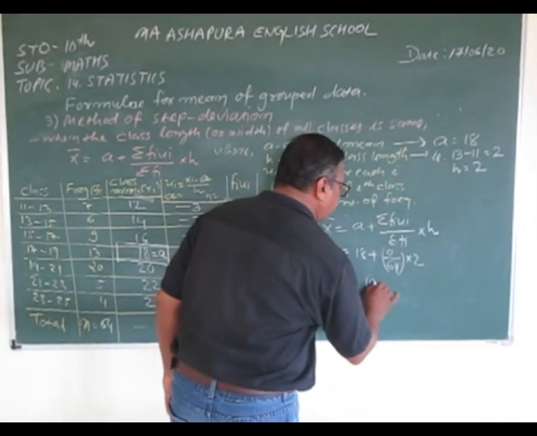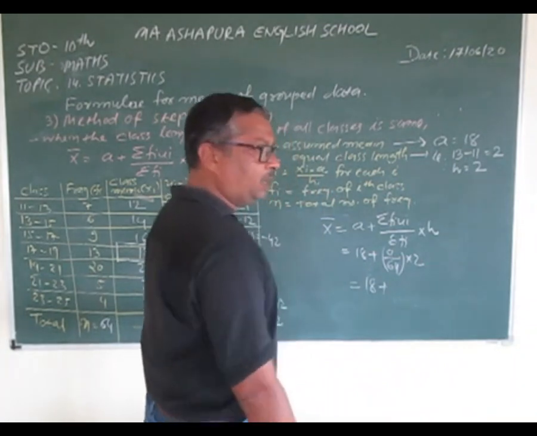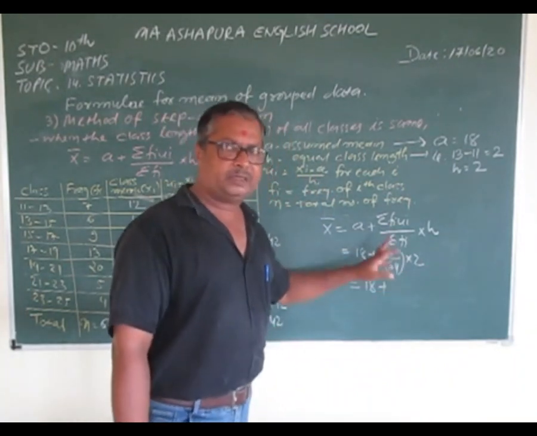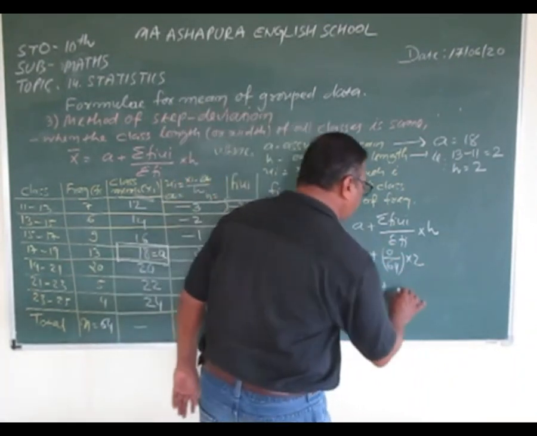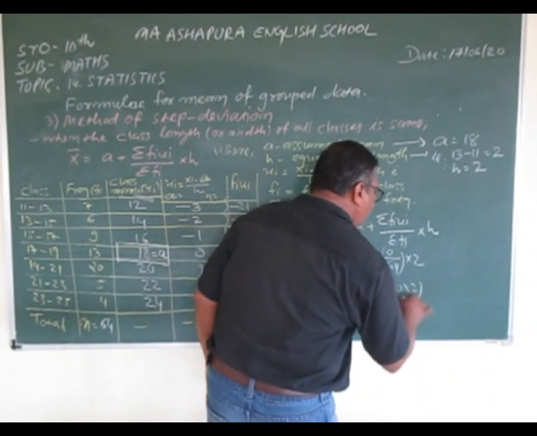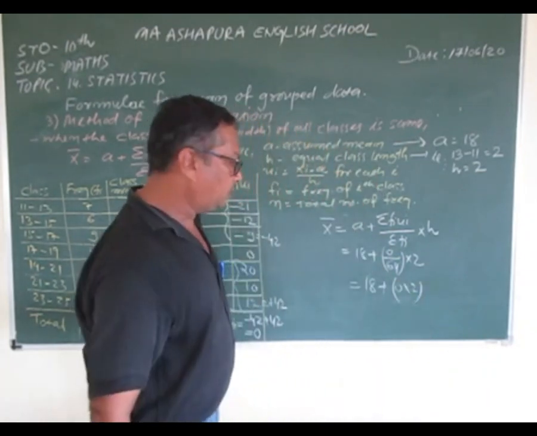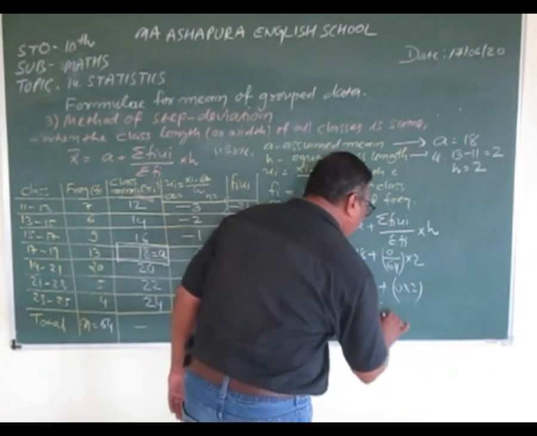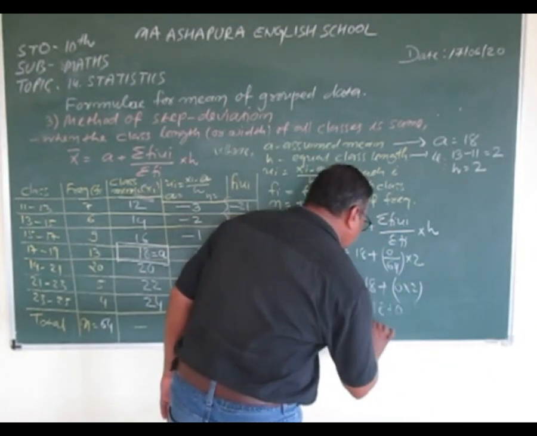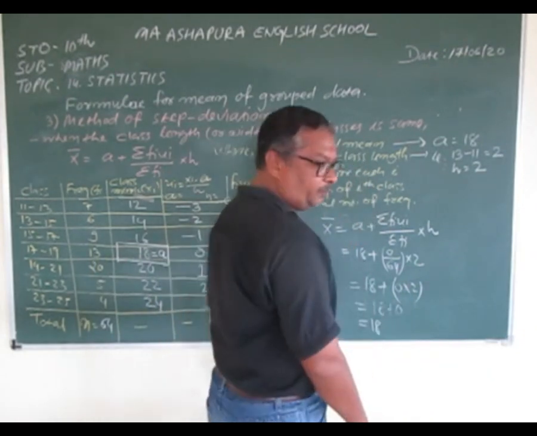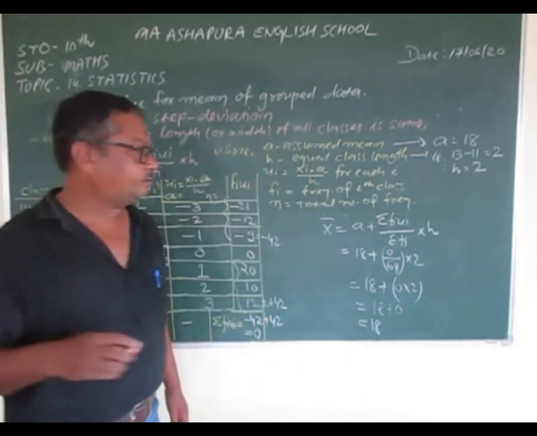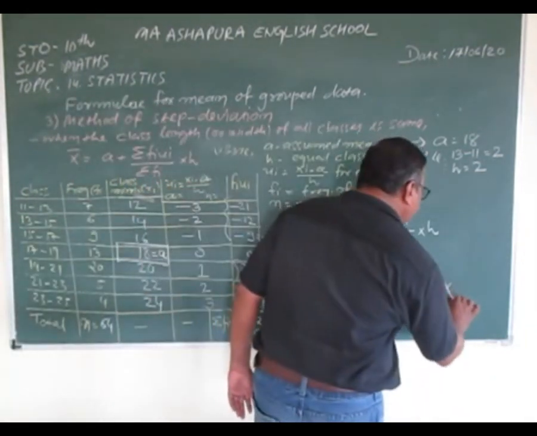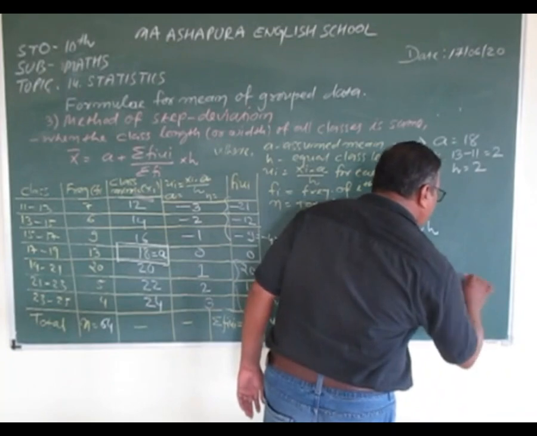Now next step, 18 plus 0 divided by 64 is equal to 0, because here the numerator is 0, multiplied by 2 is also 0, therefore 18 plus 0 is equal to 18. That means our answer x bar is equal to 18.